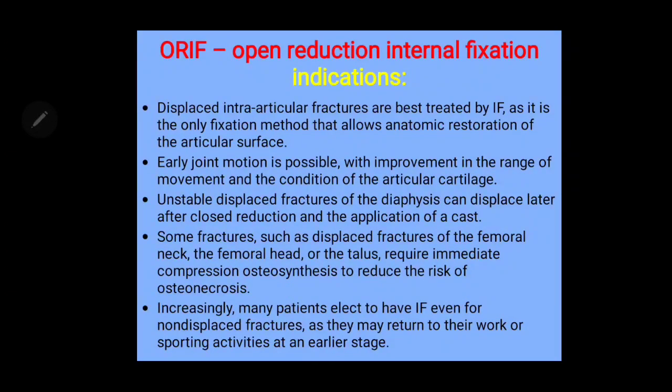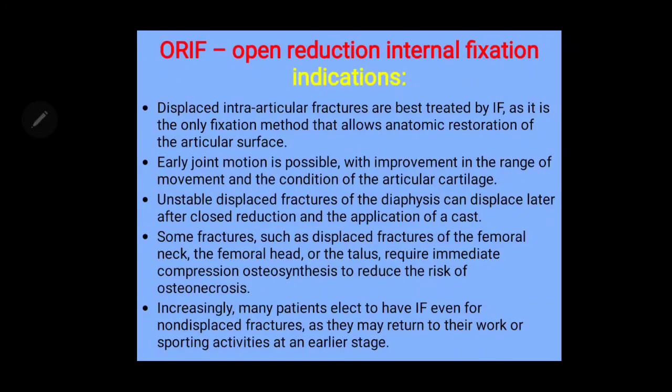So what are the main indications for open reduction and internal fixation? First of all, we are talking about displaced intra-articular fractures. As we know, these fractures should be reduced very well, so up to 1 or 2 millimeters of displacement or impression of the articular surface we are trying to correct.